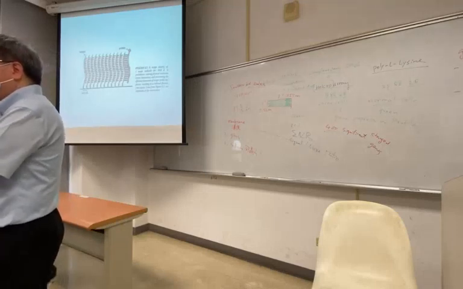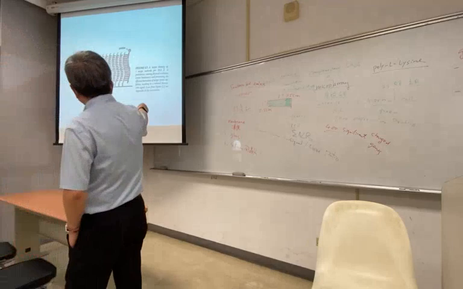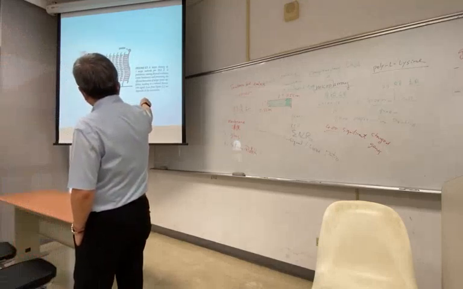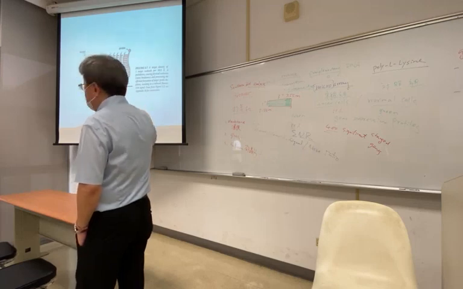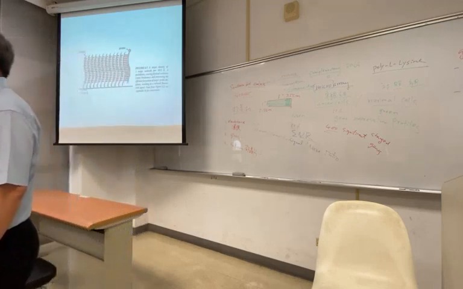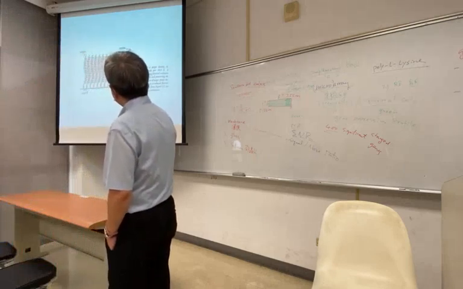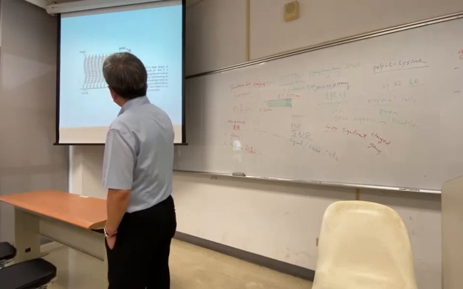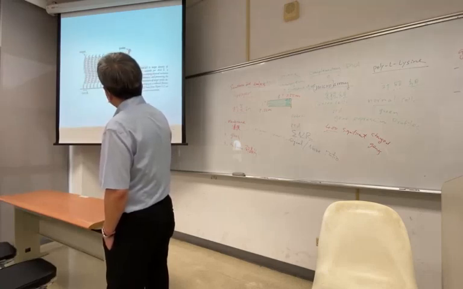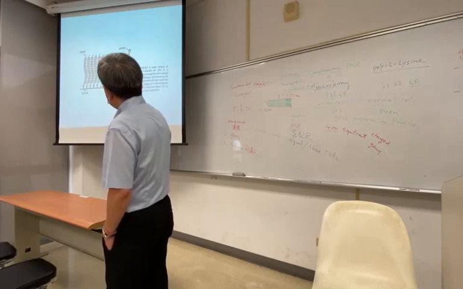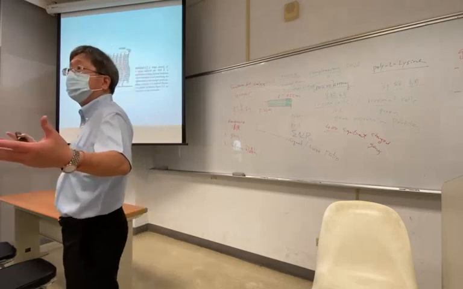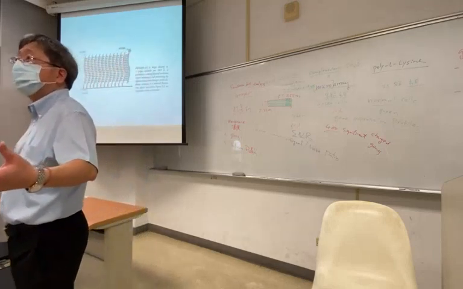So you don't have enough spacing for this double strand binding to happen. That means you can only bind to the one with enough spacing. For those 1, 2, 3, 4, 5, 6, 7, 8, 9, 10, 11, you cannot bind to it.